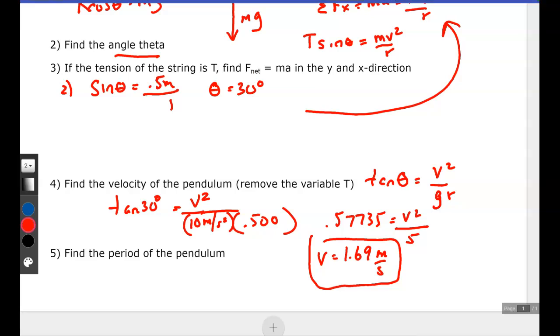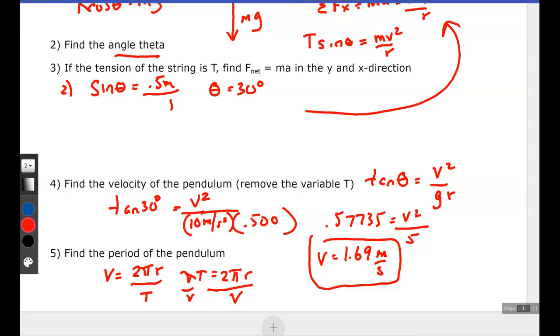What's the period? Well, for a circle, the velocity times the period, capital T, is 2 pi r. So v times T equals 2 pi r. Divide both sides by v, that you just found. So T equals 2 pi r over v.